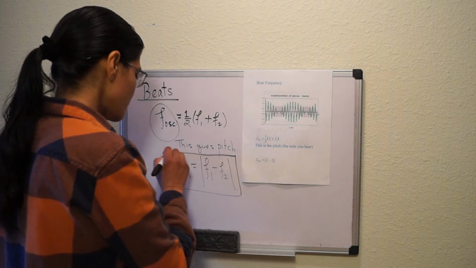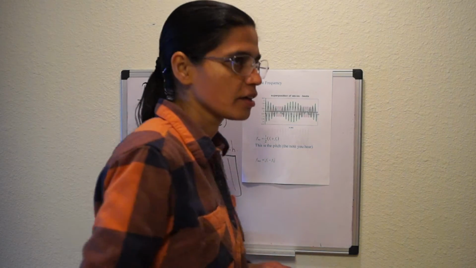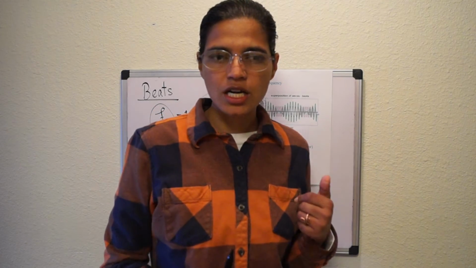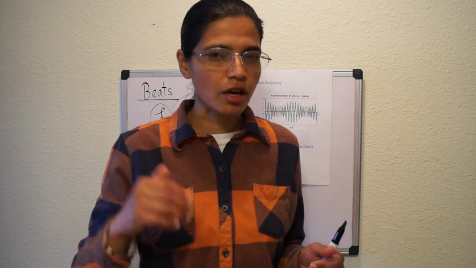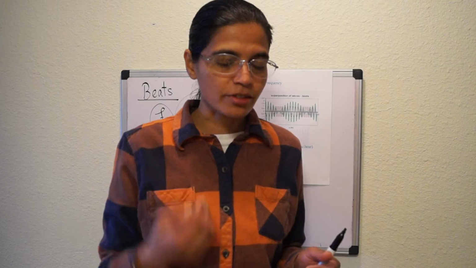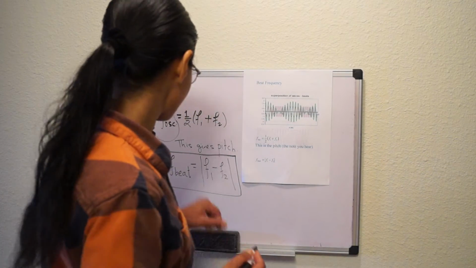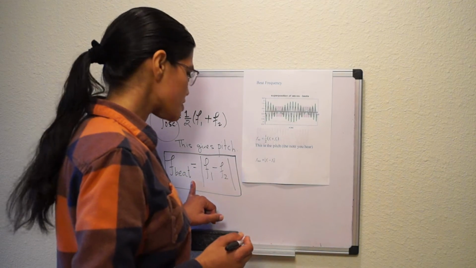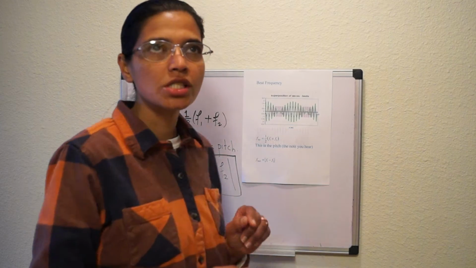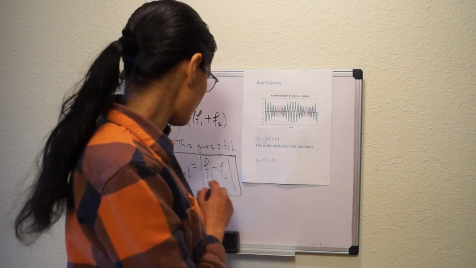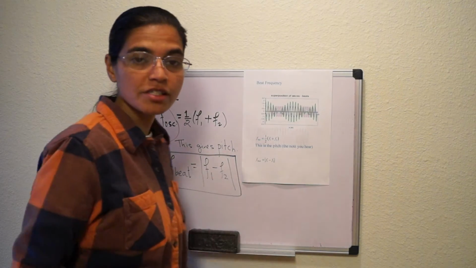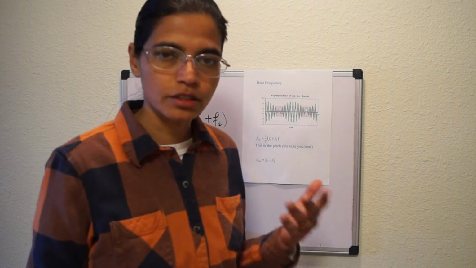So this beat is something like the difference you would hear, something like a high, like loud, soft, that sound pattern you hear is the beat frequency. I'll post on the handout the link about a beat frequency simulation, so you can kind of listen to it.